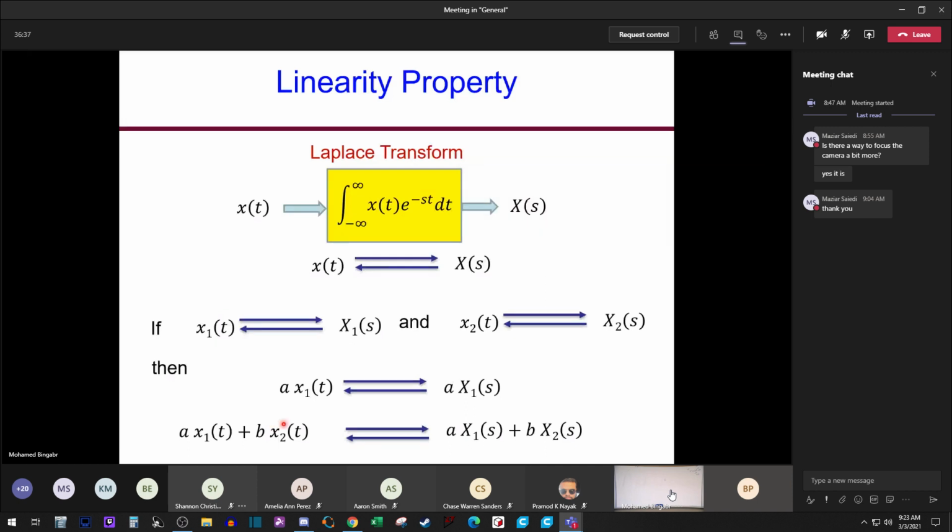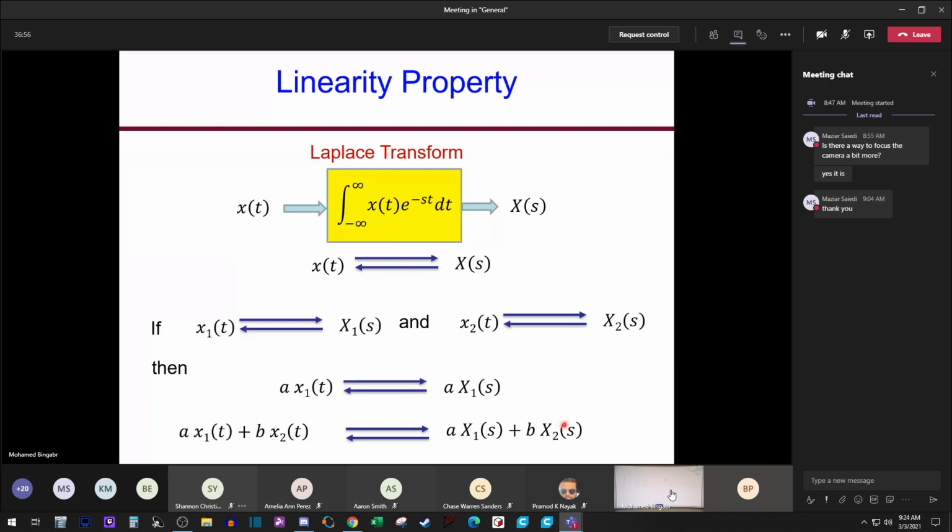Then the Laplace transform of this one will be just the Laplace transform of this, which is this one, plus the Laplace transform of this one, which is this one. If this is met, then we say that Laplace transform is a linear operation.